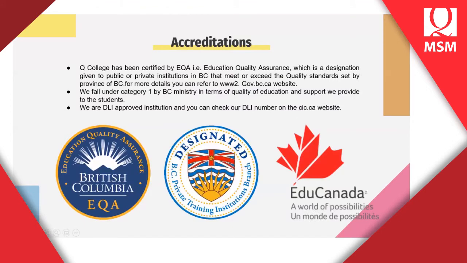As for our accreditation, as you all know, we are designated under the Ministry of Education. It is the private training institution branch of the Ministry of Education. We have our EQA and our DLI.